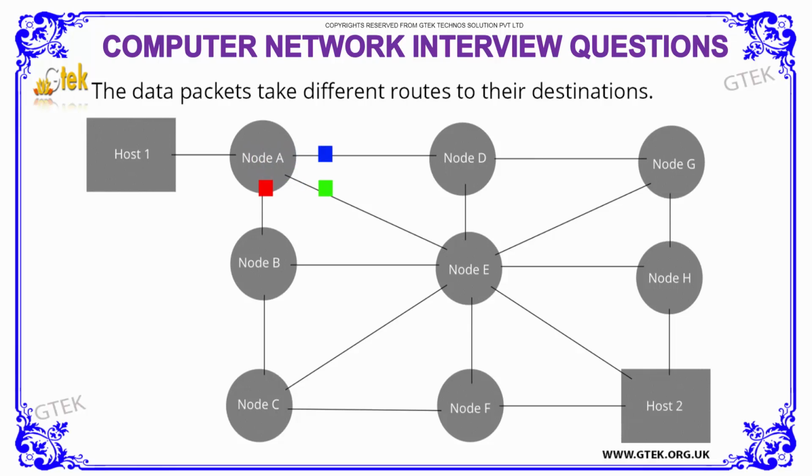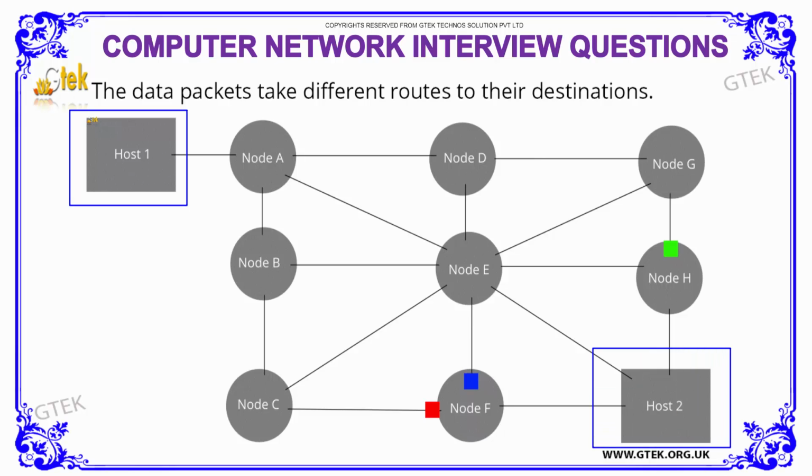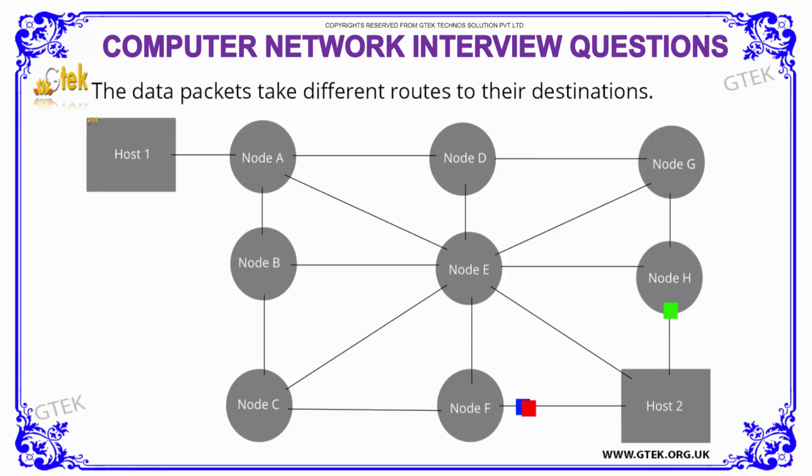If you see over here, we have a network which is having a host 1 and a host 2. Your host 1 will be your source and your host 2 is the destination.